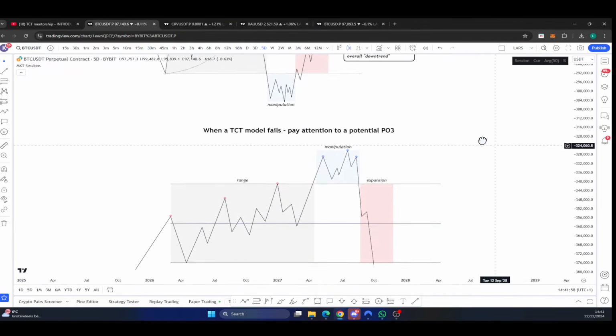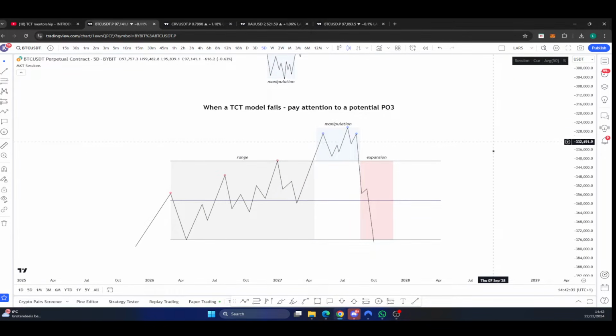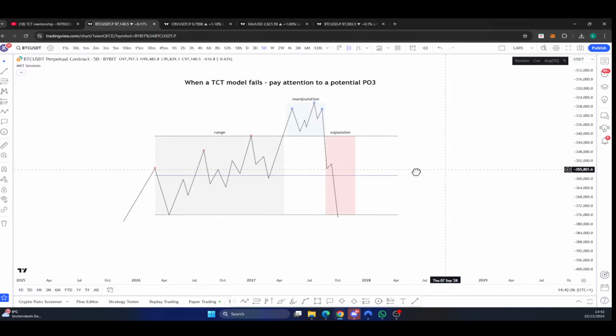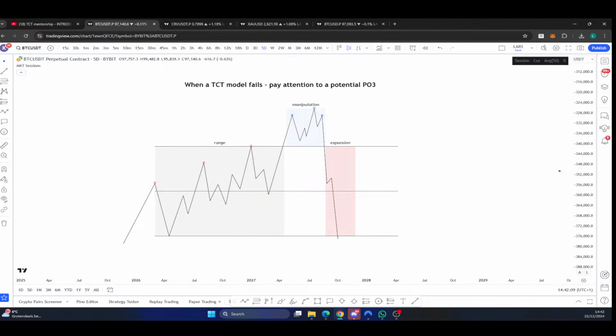Now, last thing I want to mention before we're going to dive into the live trading examples is that whenever a TCT model fails, I want you to pay attention to the potential creation of a PO3. Because if you put your focus on identifying high probable TCT models, which are explained inside of the Discord server, the reason that price is behaving that way, creating a potential model one, having a good return to zone, that is not for nothing.